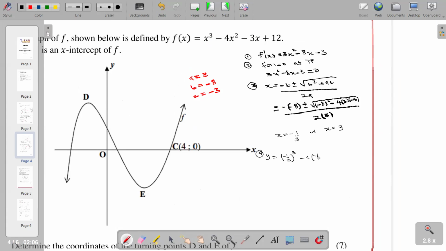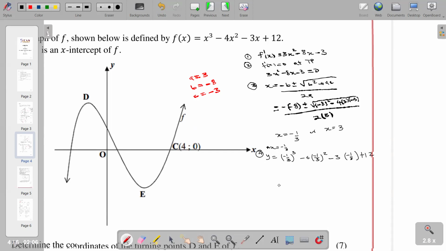We have a negative third squared minus 3, we have a negative third, plus 12. That was when x is equal to a negative 1 over 3.